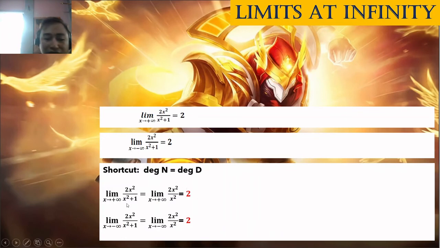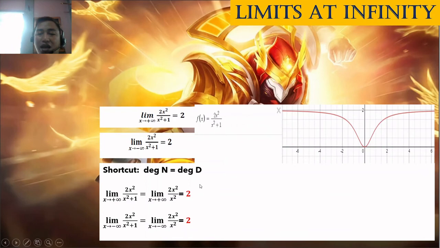Highest exponent kay 2x squared, and sa x squared plus 1 ang term with the highest exponent kay x squared, mawala na ning 1, so x squared over x squared cancel, 2 na lang. So ang answer di class, if ang degree sa n equals degree sa d, ratio na lang class sa leading coefficients. Tama? Okay, as x approaches to negative infinity, the answer is 2 gihapon. Okay, so ang graph class dara.